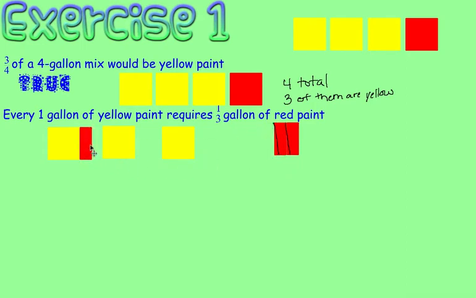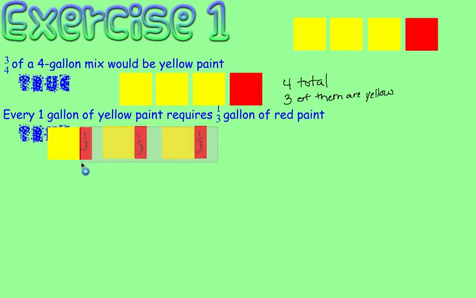So with this gallon of yellow goes 1/3, and 1/3, and 1/3, because each piece here is 1/3 of the gallon of red paint. Because together they make a whole gallon. Separately, they're each 1/3 because we split the 1 gallon into 3 parts. So yes, it is true that every 1 gallon of yellow paint requires 1/3 gallon of red paint.